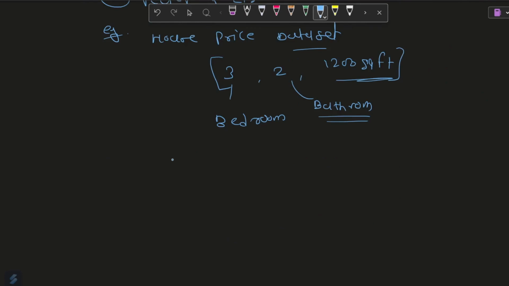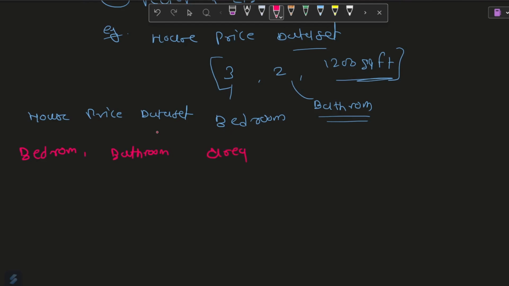Okay, so we have a house price data set, in which we have bedrooms, bathrooms, and area.